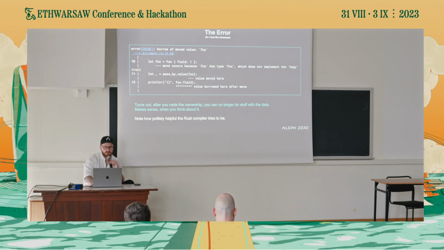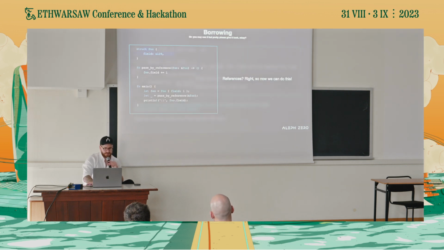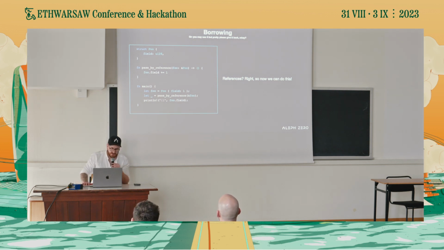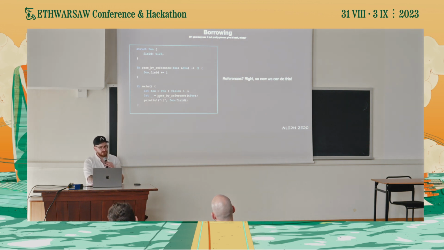It basically says, okay, you no longer own this value, but you're trying to access it. So something's wrong. And indeed, the compiler even tells you the exact places where the problems occur. Now, how to fix it? I can say, instead of just giving away the Foo struct in this line here, I'm going to borrow it to the function.